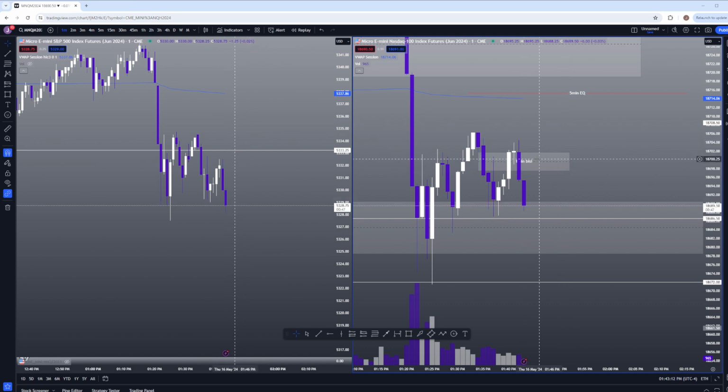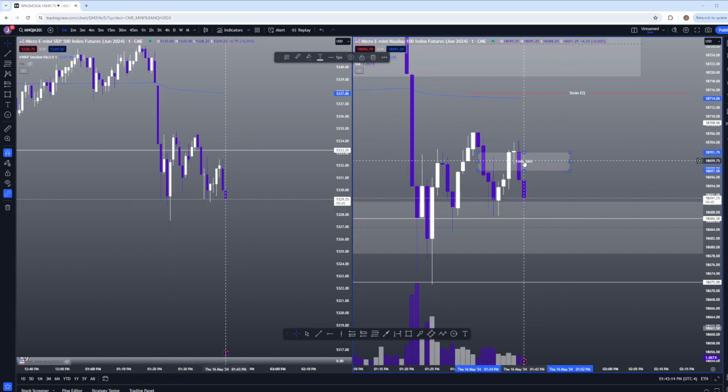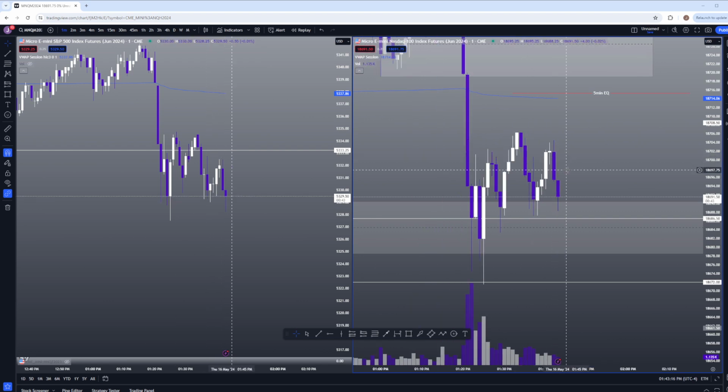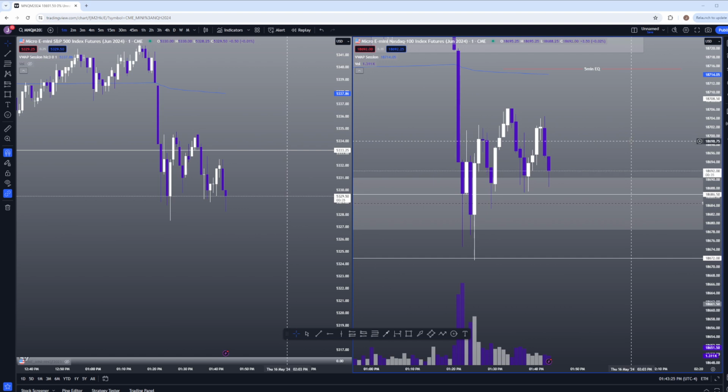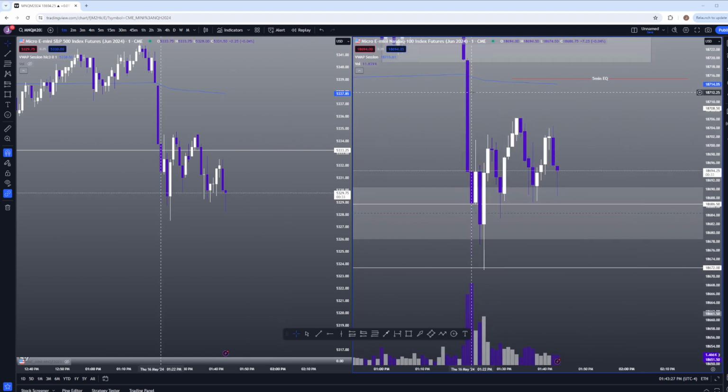So we closed above this 1 minute up here. Just barely. You can see we're just ranging from top to bottom here. Like just ranging. Accumulating, kind of waiting for that move.